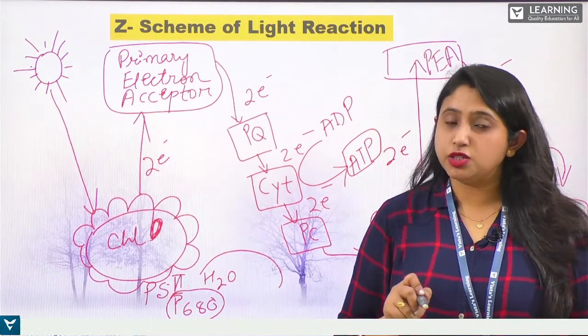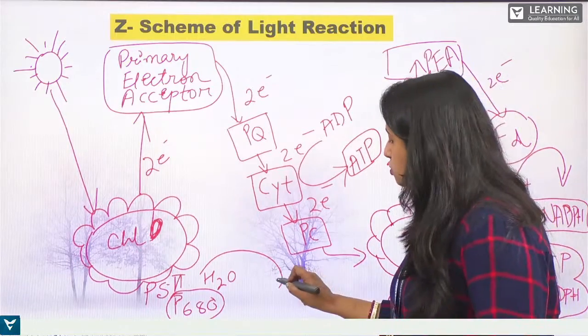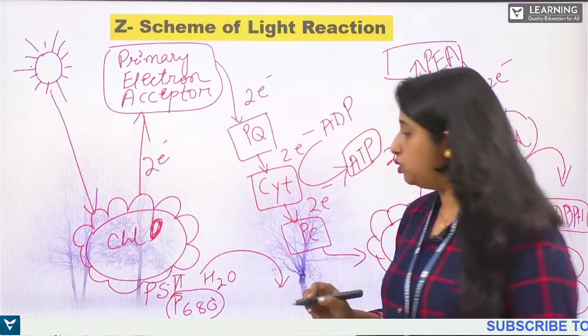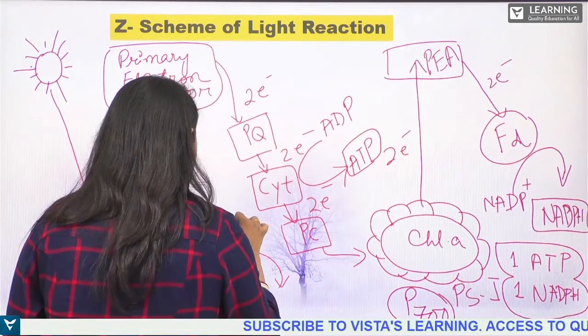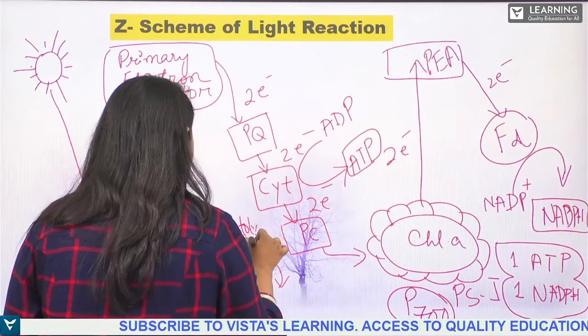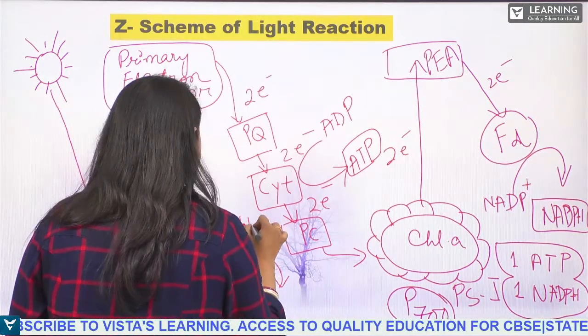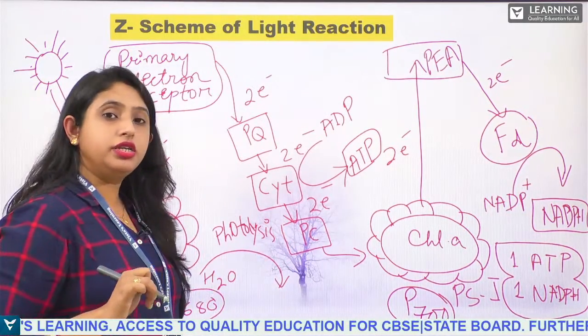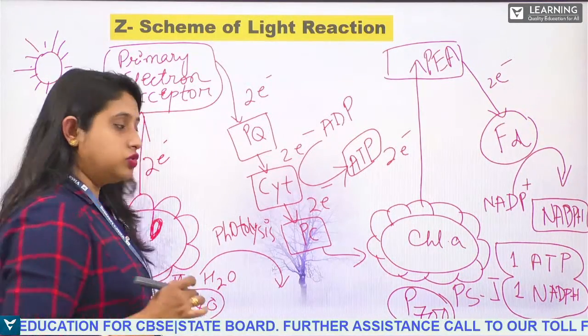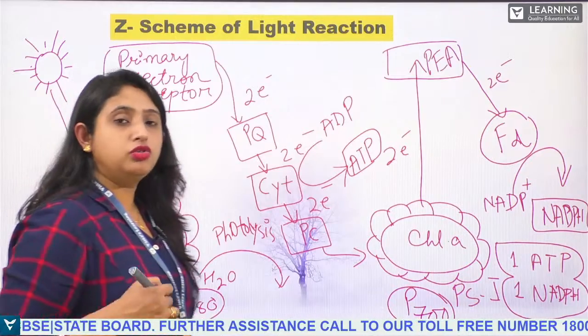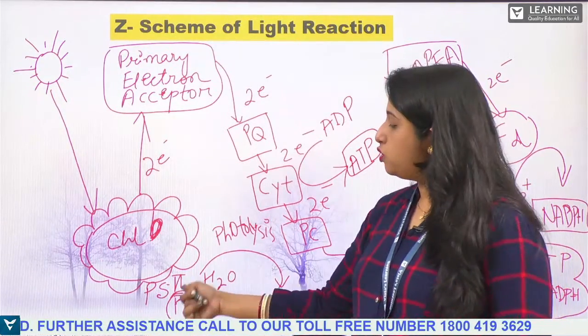This is called photolysis, where splitting of water takes place in order to send back the electron to the reaction center, that is photosystem 2.